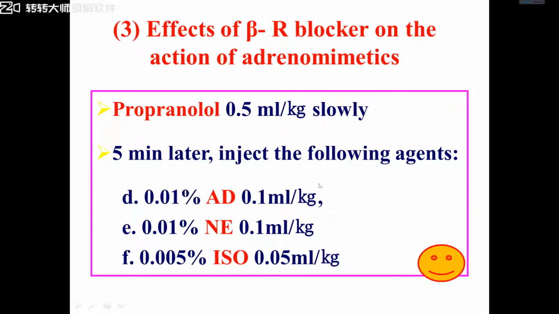Let's observe the effects of the beta receptor blocker on the action of adrenomimetics. So in this step, we observe propranolol's effects on blood pressure, and then we observe the beta receptor blocker's effects on adrenomimetic drugs. Okay, let's do the lab.